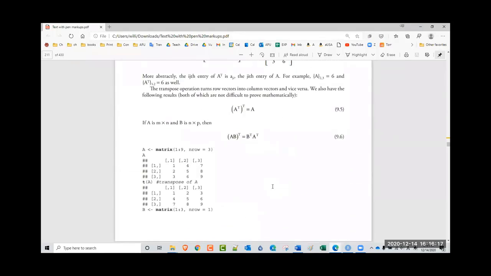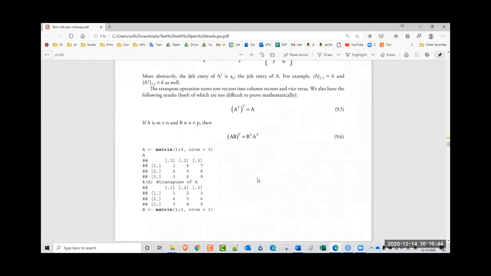We can do it in R. The transpose of a matrix just means make the columns rows and rows columns. And if you do that twice, then of course you get back the original matrix. This is a property that you can prove pretty quickly, that shows that the transpose of this should be that.